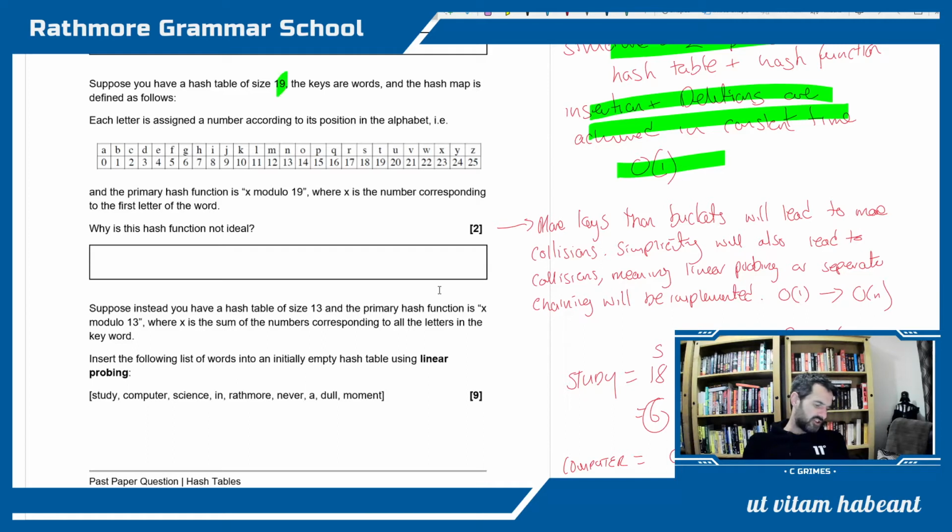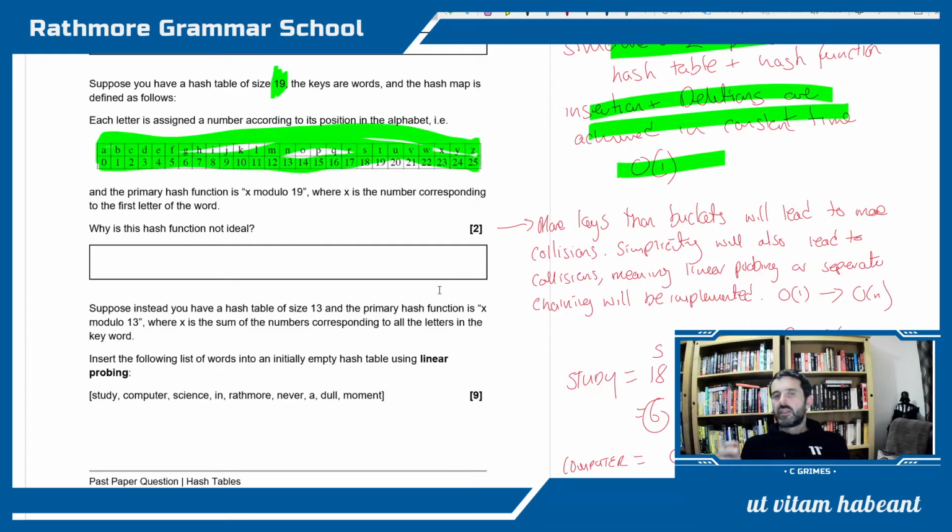The bucket size is 19, but we have a key size of 26. So straight away you're going to notice that there's a problem there. Because the bucket size is smaller than the key size, straight away values can hash to the same location.